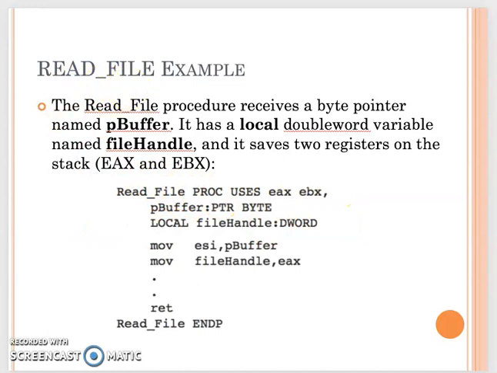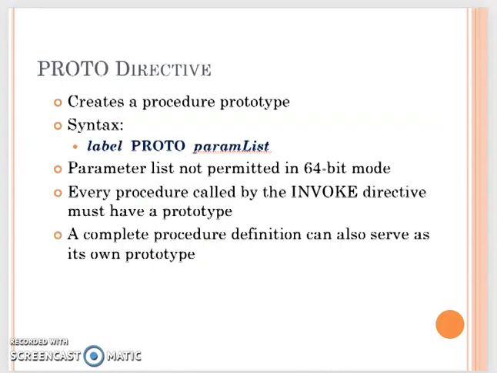But we are not done yet. After you use the PROC directive followed by your parameter list, since you use INVOKE, we have the other one we call the PROTO directive. This PROTO directive is kind of like the prototype for a function in C++.